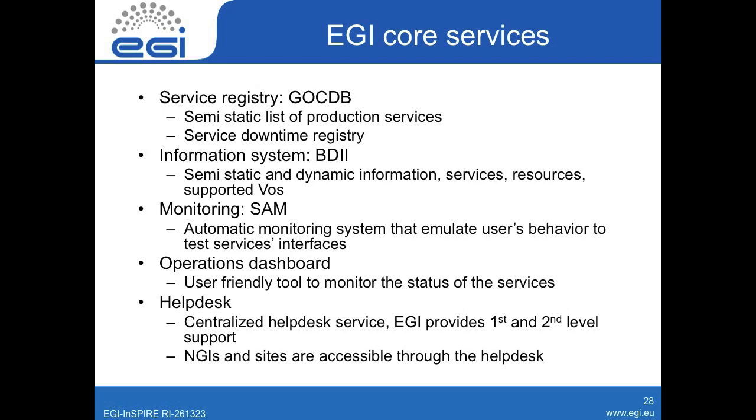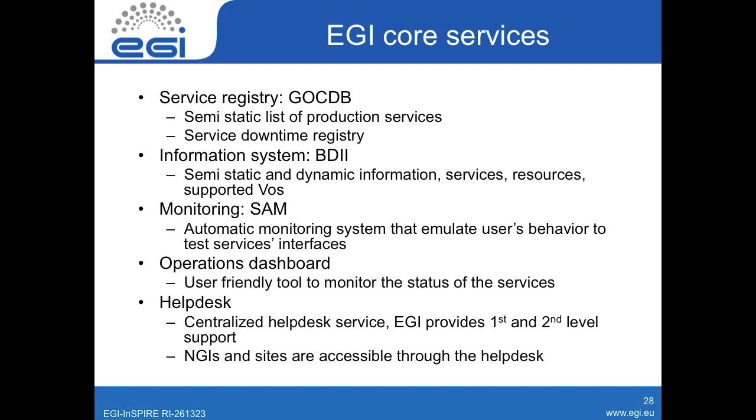And of course, EGI provides a central help desk service, where users can file incident reports. The help desk is used by users to submit incident reports, like: I have trouble accessing these resources, or my file has disappeared because the storage element is in downtime, what can I do to recover it?